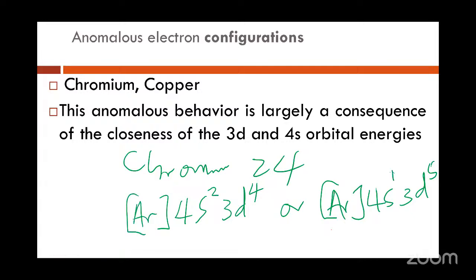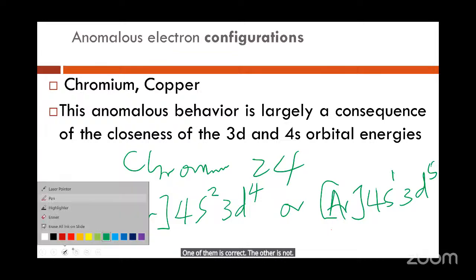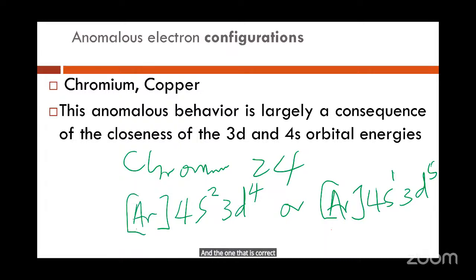One of them is correct. The other is not. And the one that is correct is B. A is not correct. And why is B going to be correct?